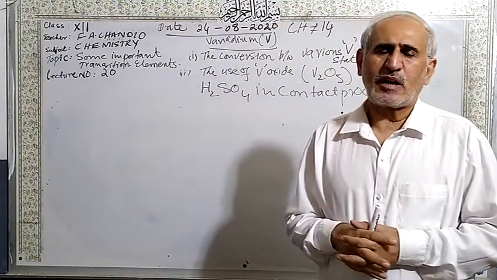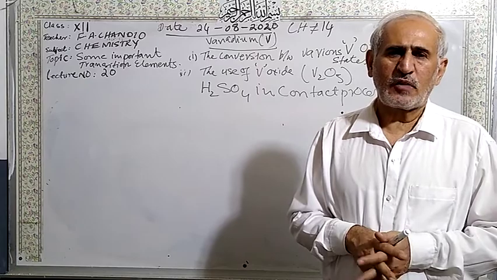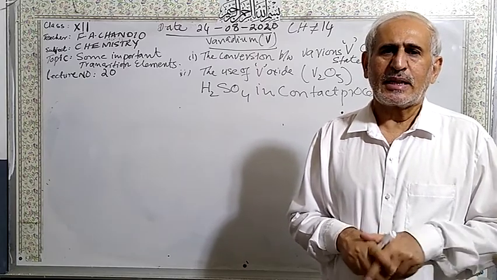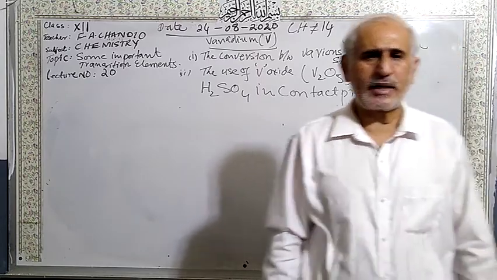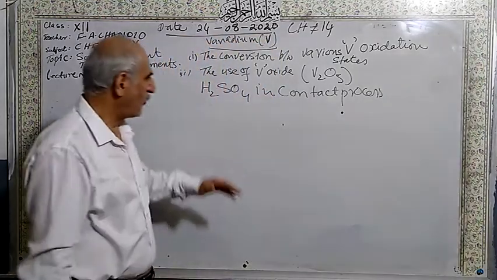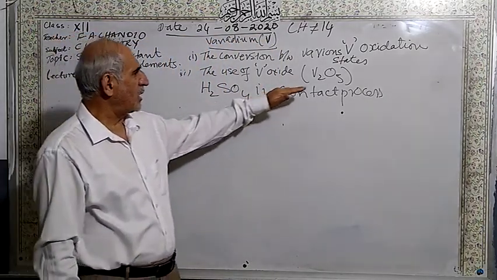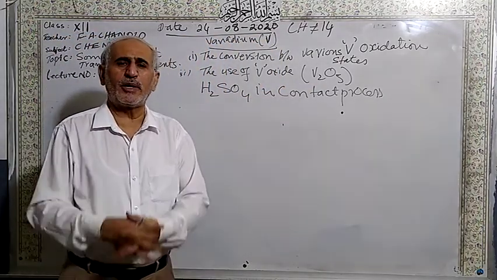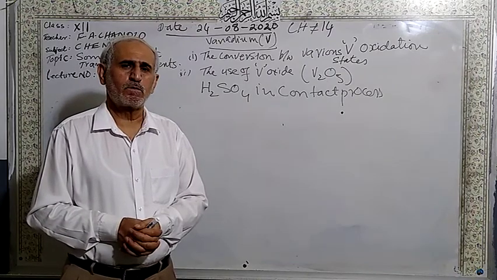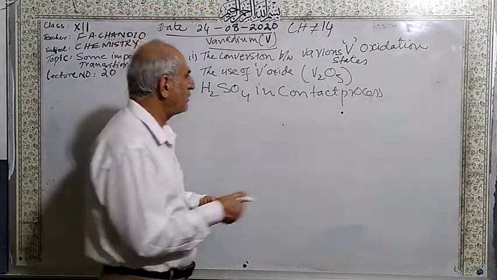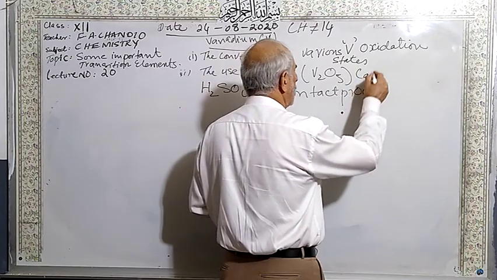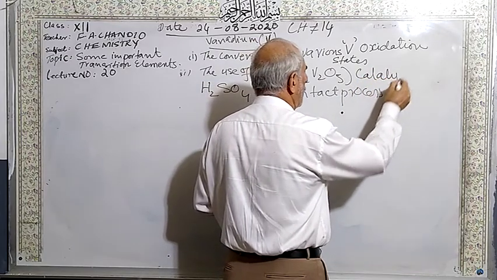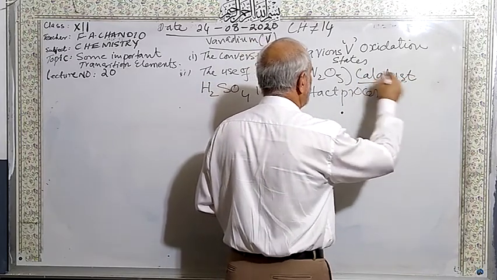First, sulfur changes into sulfur dioxide gas, then sulfur dioxide gas changes into sulfur trioxide gas in the presence of vanadium pentoxide, which is used as a catalyst.